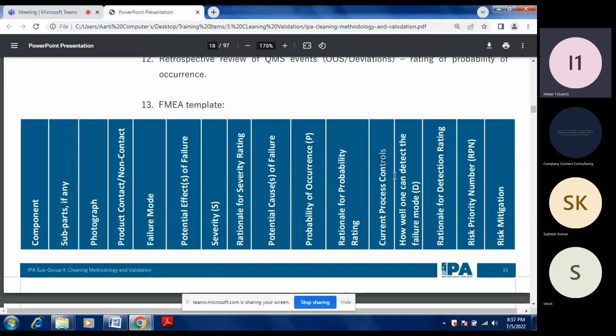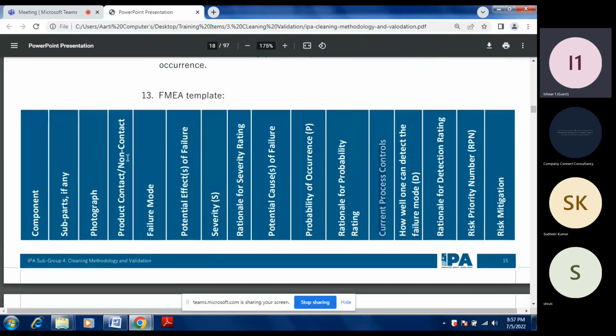One more thing: the current process controls, meaning if we have the procedure and have introduced our controls in it, and the current control is sufficient, then there is no requirement for any mitigation plan.